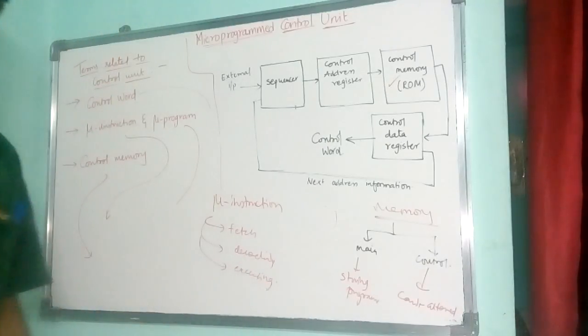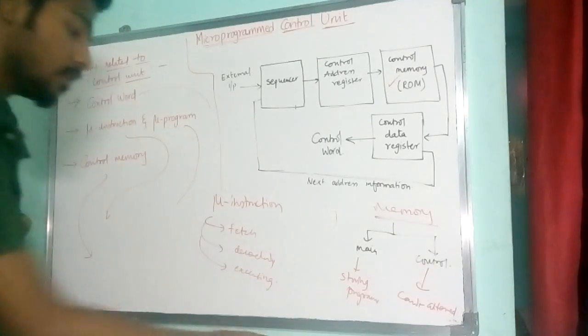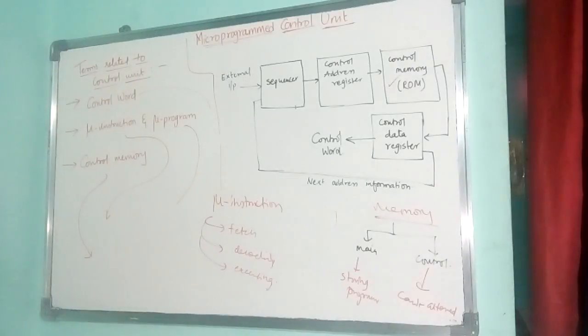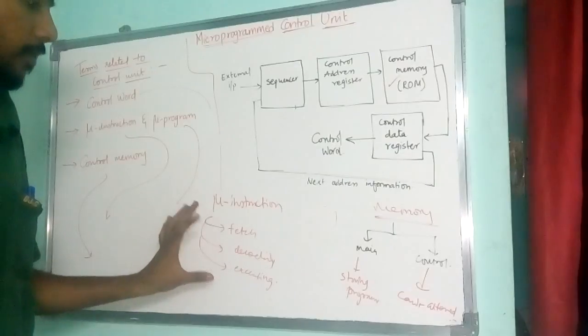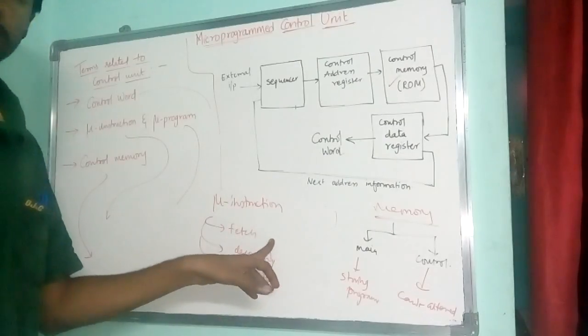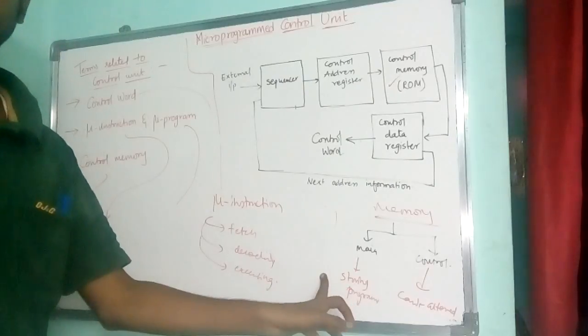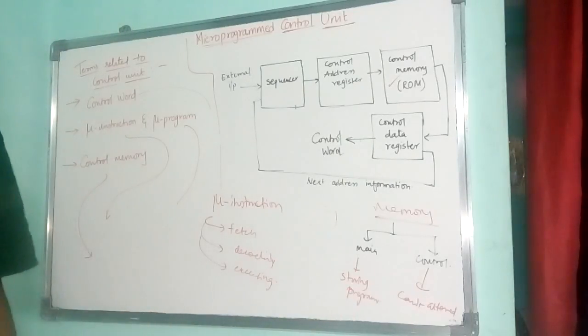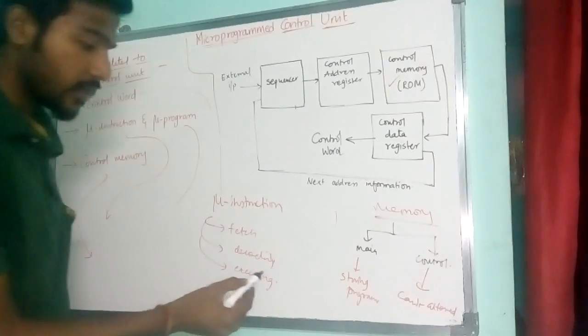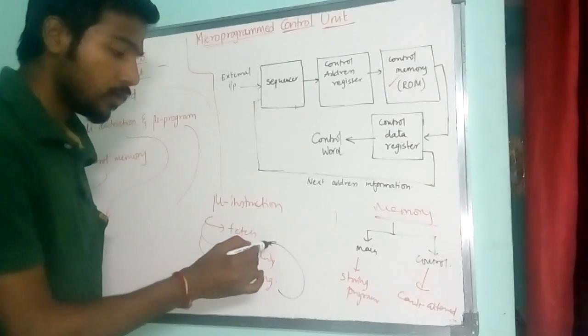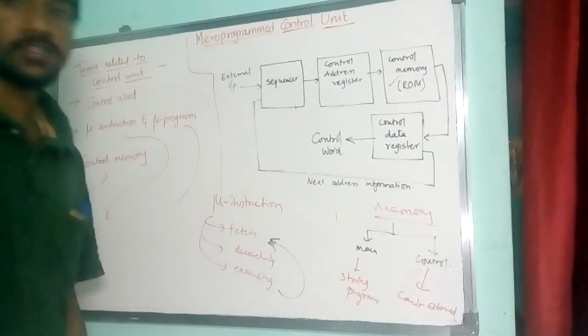This is what we have seen in the instruction cycle of a CPU. This is the general format. It needs to fetch the instruction, decode the instruction, and execute the instruction to produce the output. And after it completes this, it should again go back to the fetch cycle.